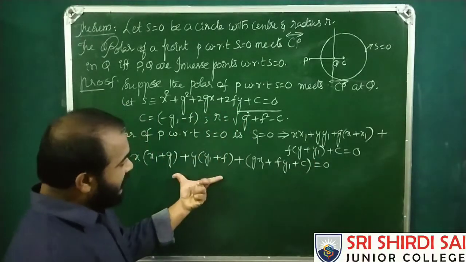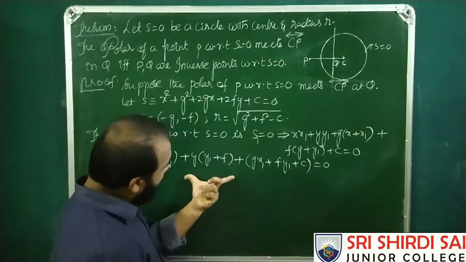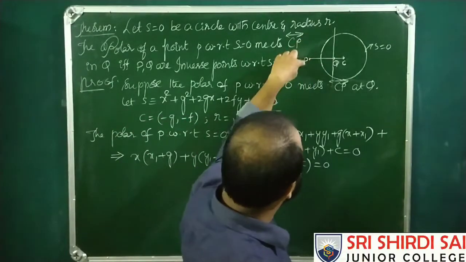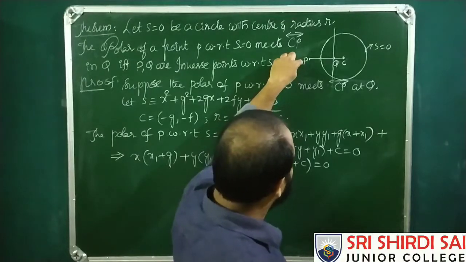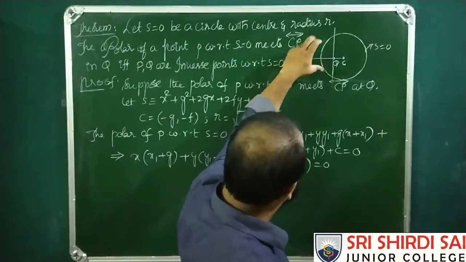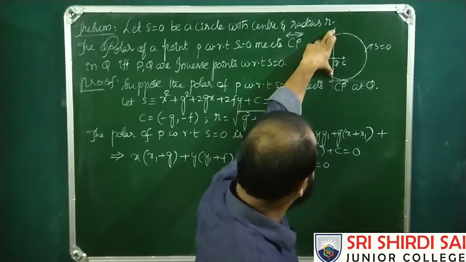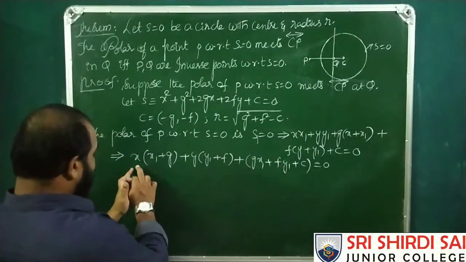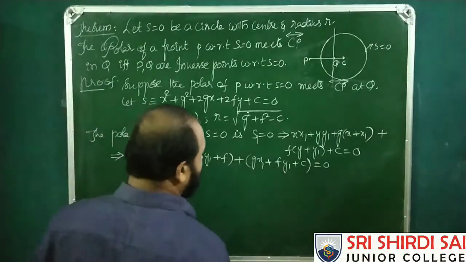So what is this? We have derived this from this only. And what is this? The polar of P. Polar means it's a line. A line is of the form ax plus by plus c equals to 0.